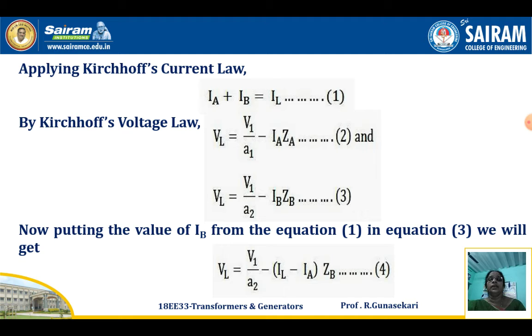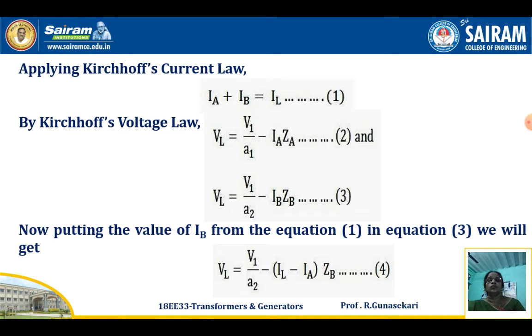Now applying Kirchhoff's current law in the parallel operation circuit, IA plus IB equals IL. This is equation number 1.